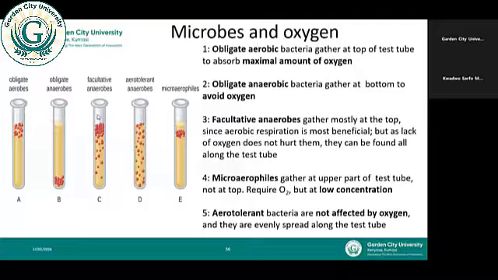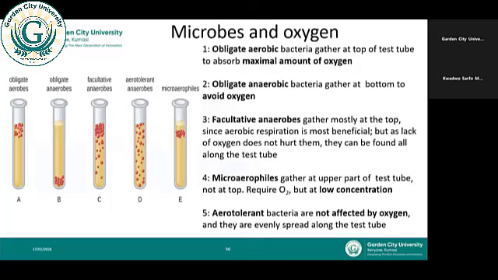Then this is where most people get confused. Facultative anaerobe, or facultative anaerobic microorganism. The emphasis is on aerobe, meaning they prefer oxygen.